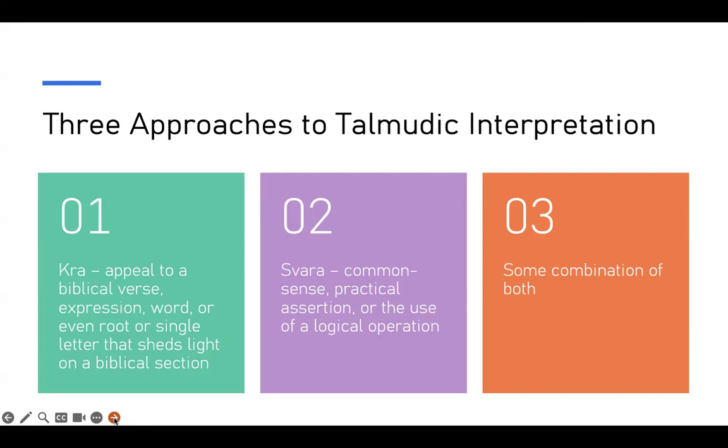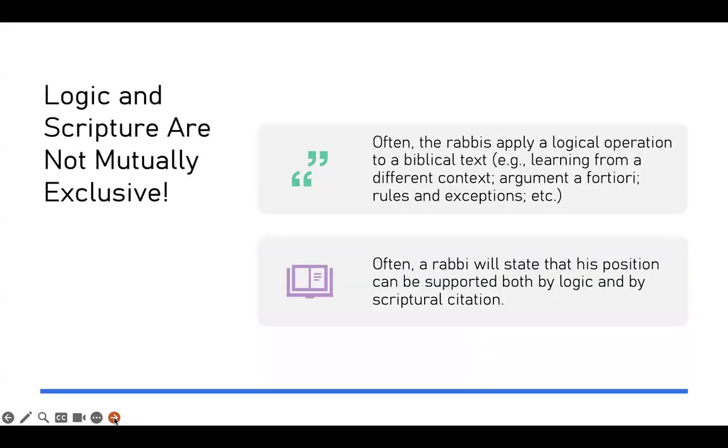The combinations are generally going to appear in two ways. The first one is when the rabbis use a biblical text but apply a logical operation to the text itself. So, for example, they'll be comparing texts to each other through context because there's a word that appears in both, or they'll try to make an argument a fortiori, which is to say, if this is the case for that set of circumstances, for sure this is the case for this set of circumstances.